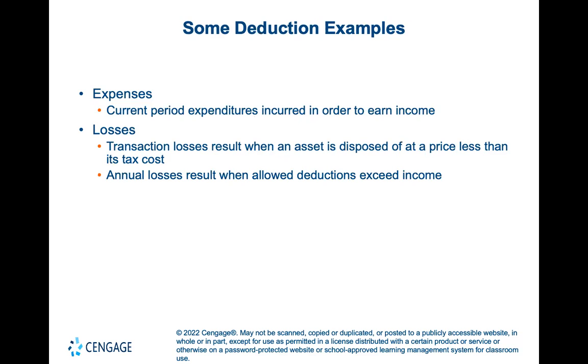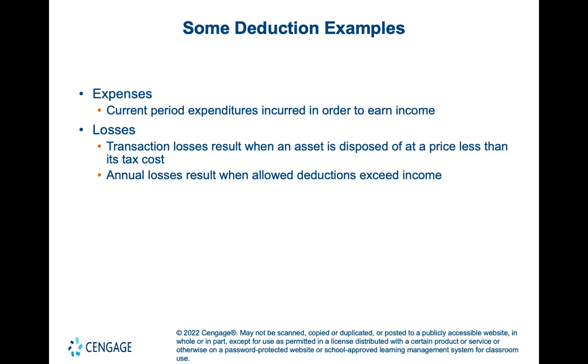Expenses, these are some deductions. Expenses are current period expenditures incurred in order to earn income. Okay, for example, business expenses or expenses that help you for your job, things like that, although it's been limited. Losses: transaction losses result when an asset is disposed of at a price less than the tax costs.